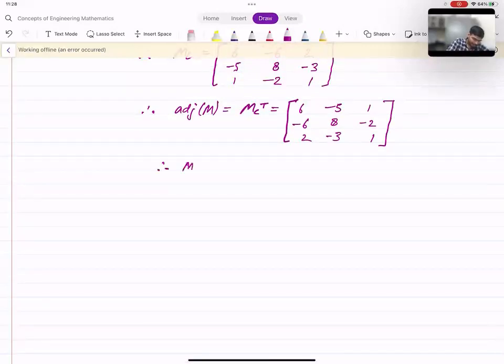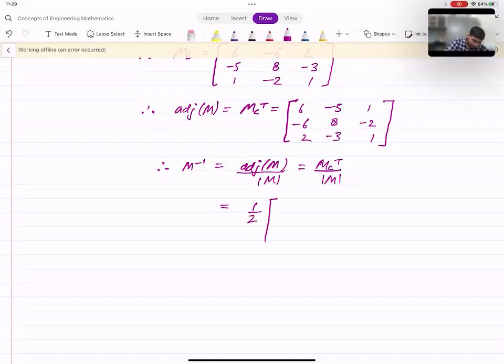Therefore, M inverse is nothing but the adjoint of M divided by the determinant of M, or the transpose of the cofactor matrix of M divided by the determinant of M. And this is nothing but 1/2 times the matrix 6 -6 2, then -5 8 -3, and then 1 -2 1. So now we have the value of M inverse.